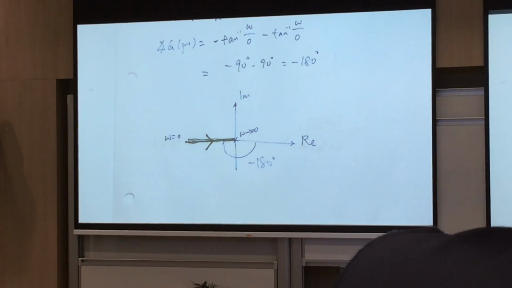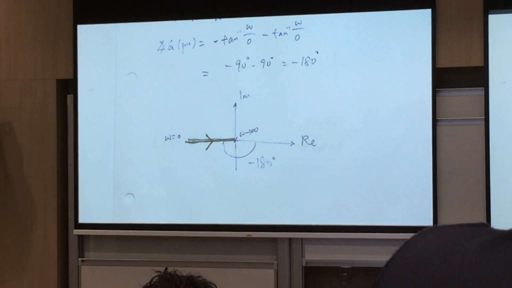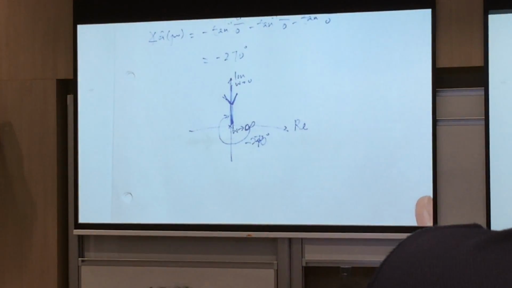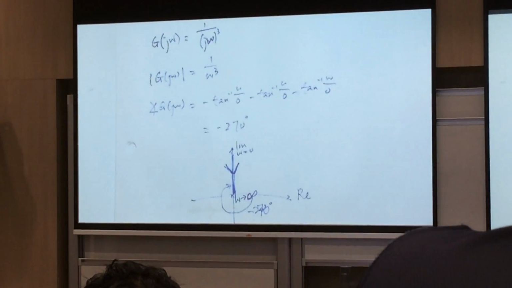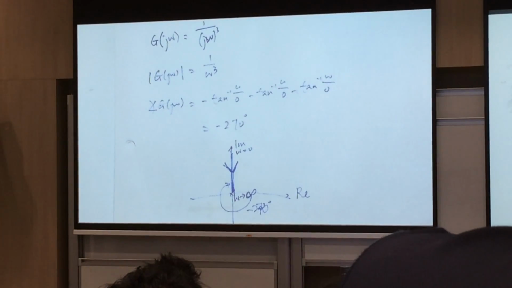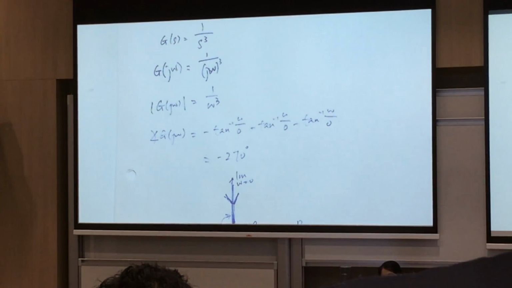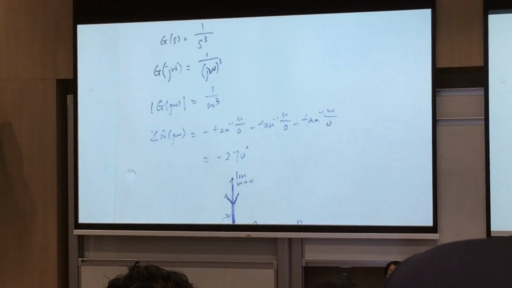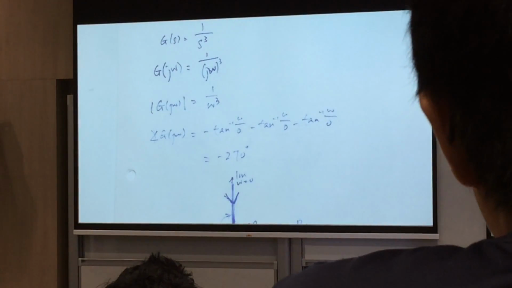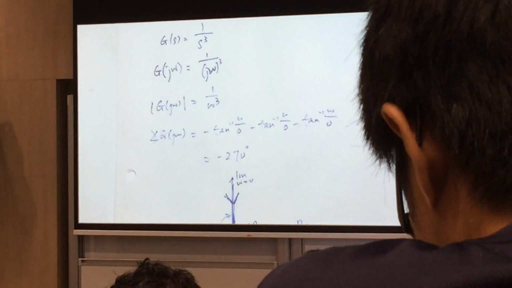These are already in the notes. In the lecture notes we also have an example of a triple integrator. Likewise, for the triple integrator, S is j omega, and you write it as 1 over omega cubed. With 3 integrators, you have minus 90, minus 90, minus 90, so that's minus 270.